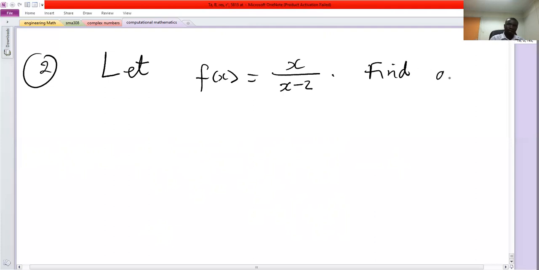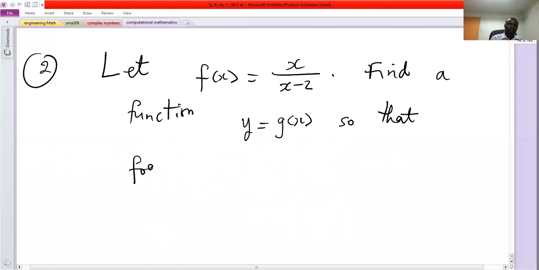Find a function y equals g of x, so that f composed with g gives you an identity function, or you get x. The problem is simple if you understand the definition of composition of functions f and g. That would be our starting point.